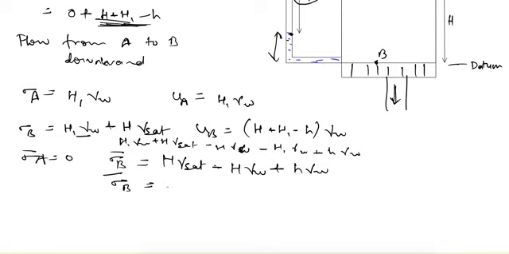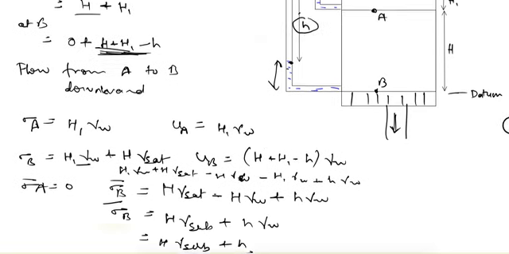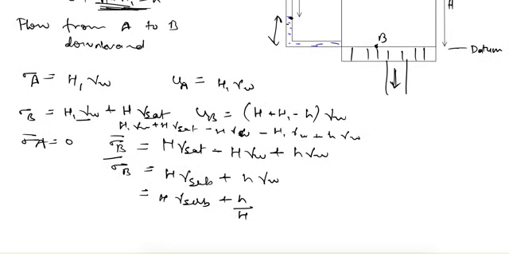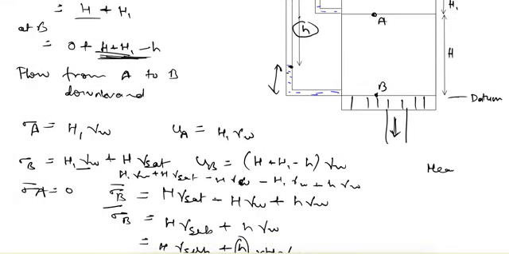So it is equal to H common, gamma saturated minus gamma W is gamma submerged, plus small h gamma W. This small h gamma W can be written by dividing by the total thickness of the soil sample, or total length of flow, times H into gamma W. So small h by H is the head loss divided by length of flow, which is equal to hydraulic gradient.